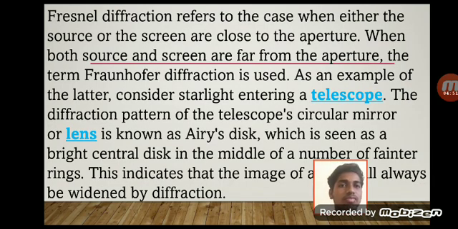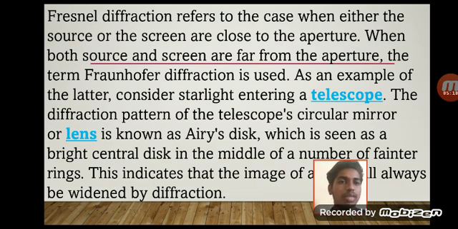Fresnel diffraction. Fresnel diffraction refers to the case when either the source or the screen is close to the aperture. When both source and screen are far from the aperture, the term Fraunhofer diffraction is used. As an example of the latter, consider starlight entering a telescope.